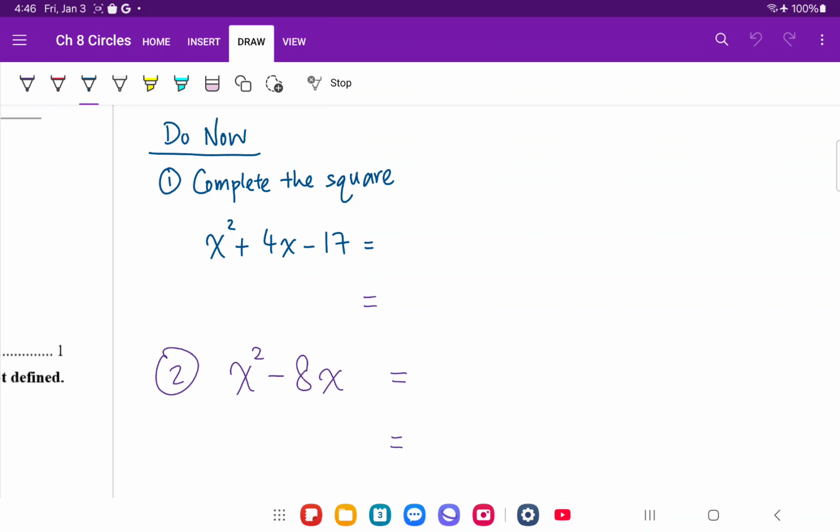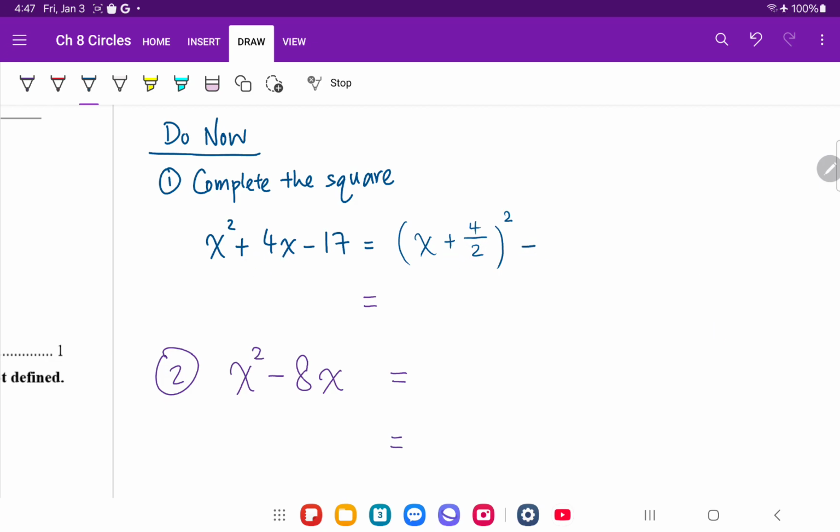Alright, let's go through the answer. For the first question, based on what you have learned in eMath, you should know that the first part of the complete the square method involves a bracket square. Within the bracket, there should be an x, and then plus 4 out of 2. The number 4 came from the coefficient of x in front, and because it's positive 4, this is positive 4 as well.